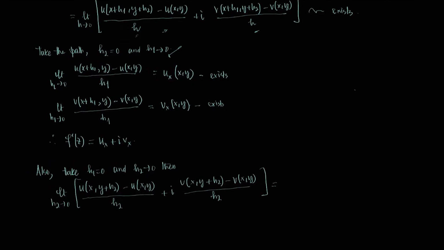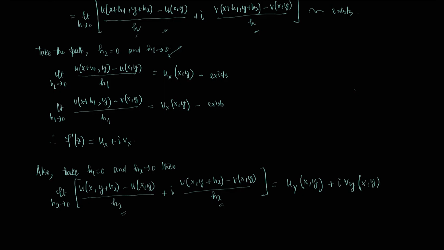I hope this is correct. This is nothing but limit h2 tends to 0. This particular term is nothing but u y of x comma y, and the next part is plus I times v y of x comma y.